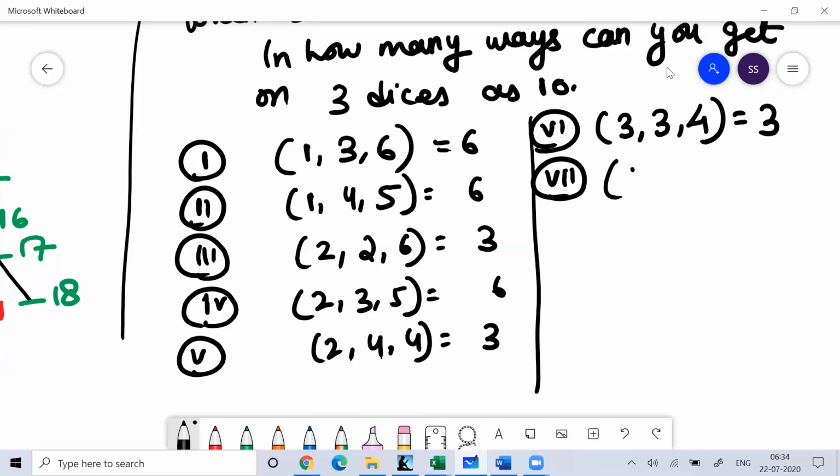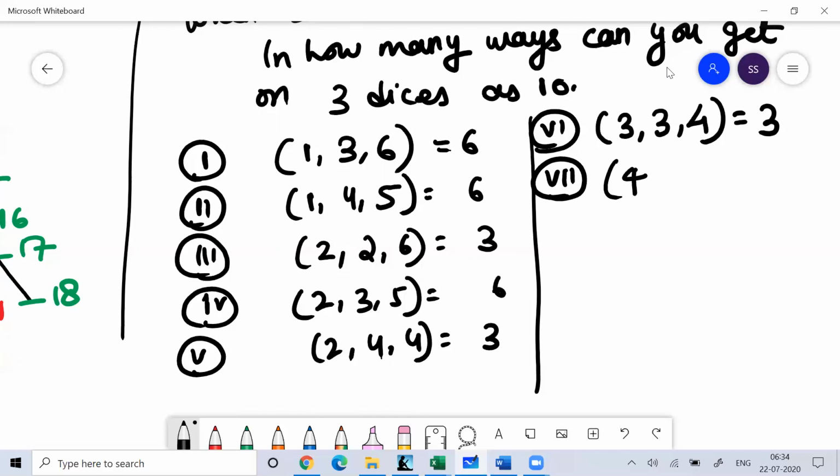Now I'll start with 4. With 4, 4 comma 1 I've already done, 4 comma 2 already done, 4 comma 3 also done, 4 comma 5 already done.